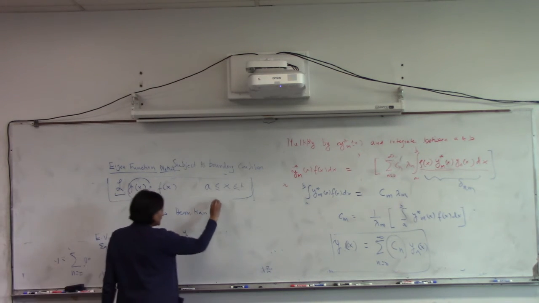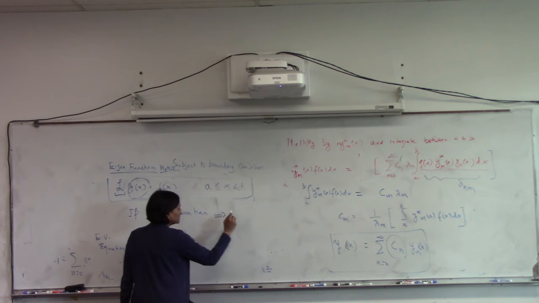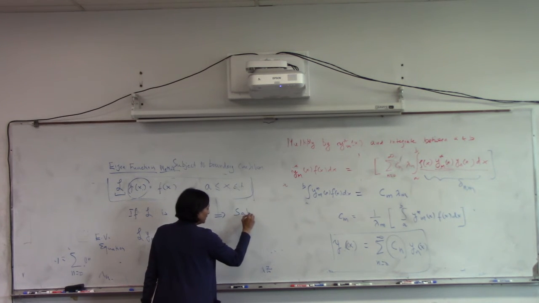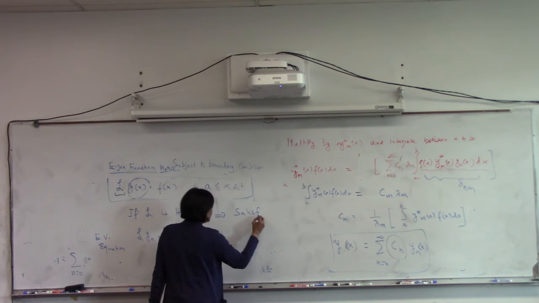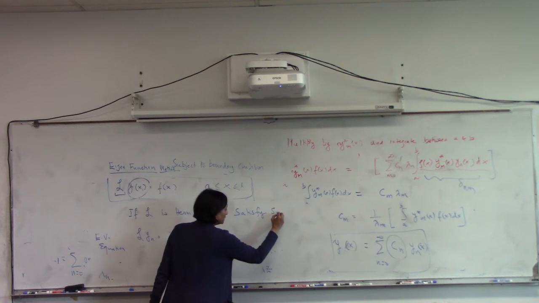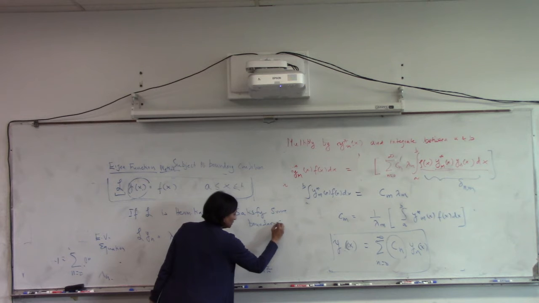And we also know this is not that trivial, the solution has to satisfy some boundary conditions. That has to be checked for each problem that you're doing using this method.